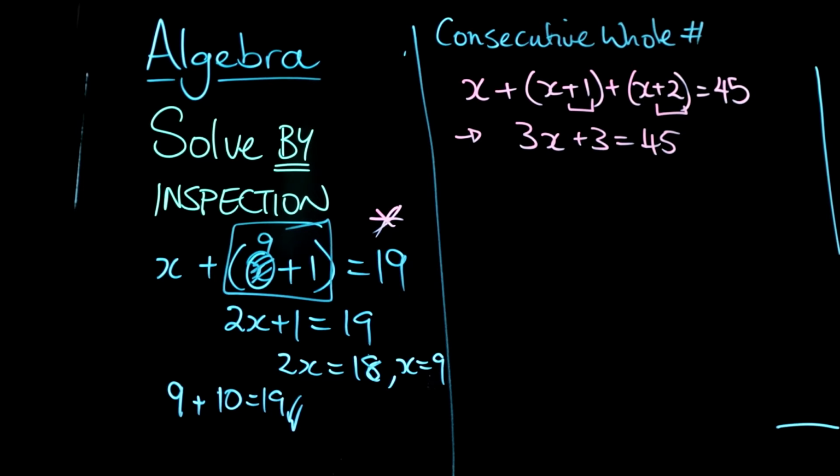You could realize that you've got 3 numbers that are consecutive, so they're next to each other on the number line, and you could do this, 45, how many 3s, and we get to 15. So one of our numbers, I suspect, is 15.